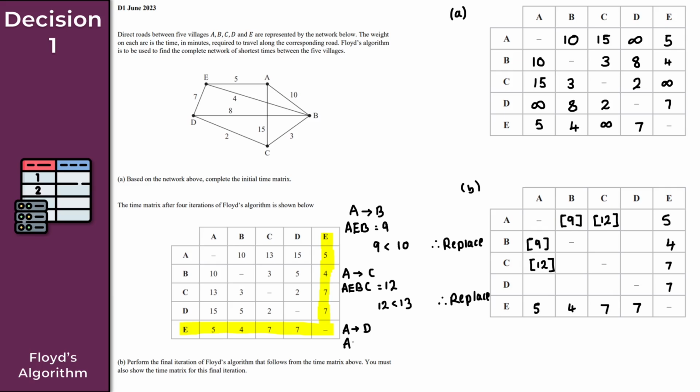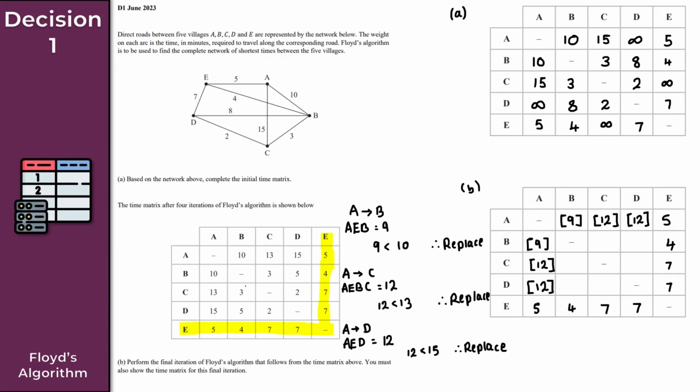So AED has a weight of 12, and 12 is less than 15, right? So therefore, again, we replace it in the final time matrix. So 12 less than 15, so we put 12 inside square brackets. So that's the first row and the first column complete.